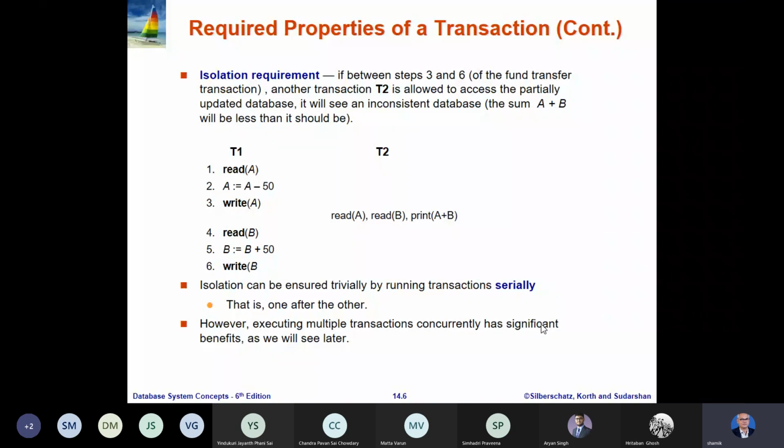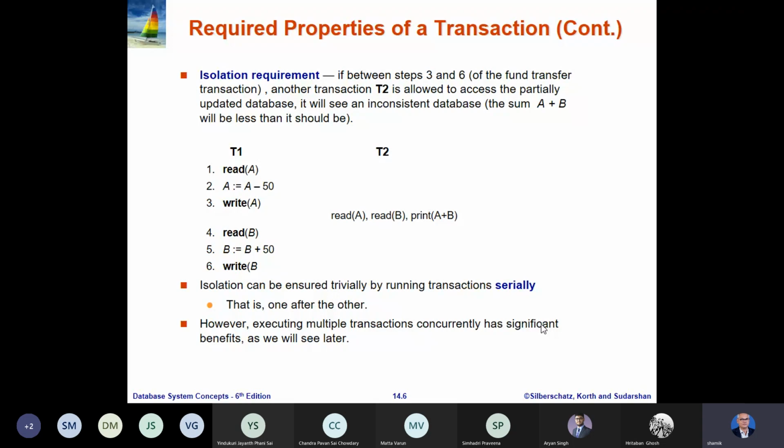So we have to ensure that the effects of the first 3 instructions, that is reducing A by 50, are reversed, so that A goes back to its original state, which was 1000, and B was not there at all, so there is no issue. The database which was consistent before this transaction started is consistent after the abort also.